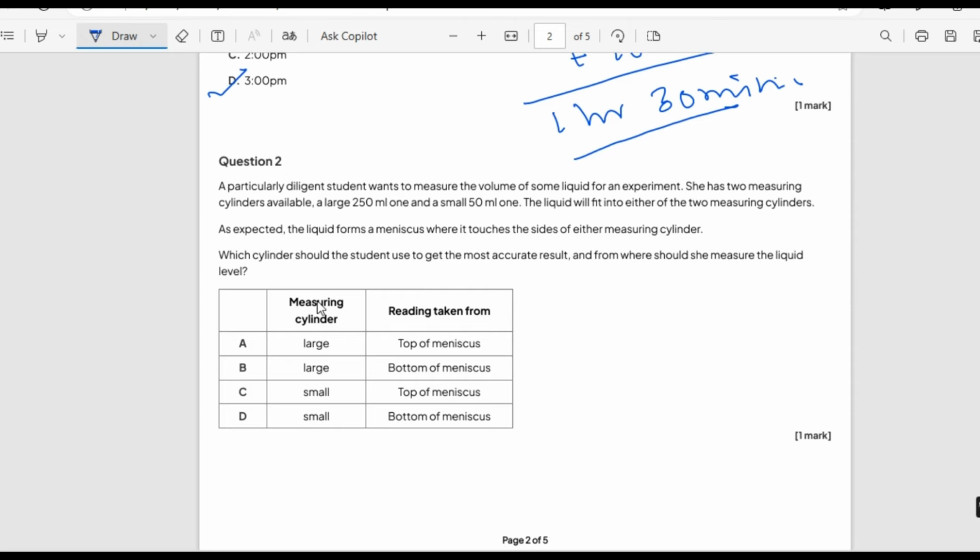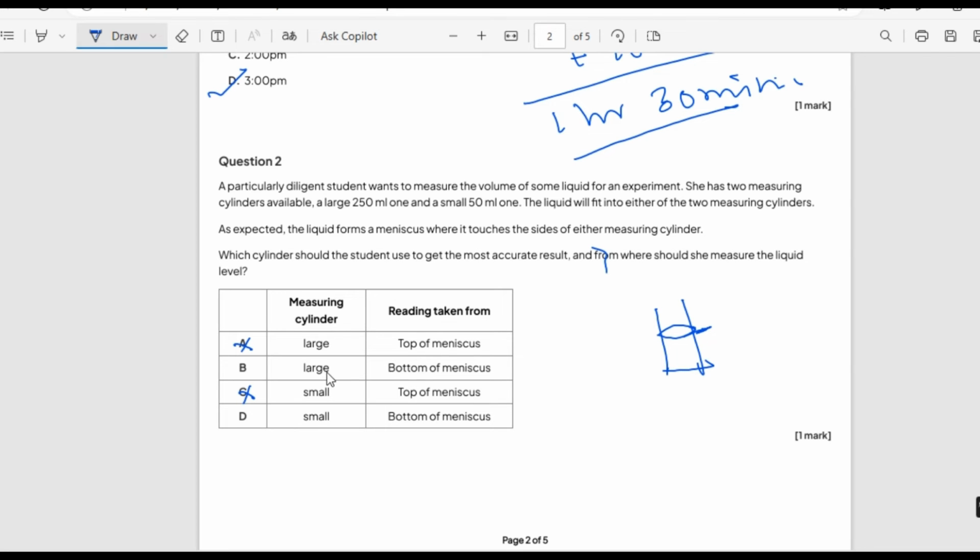level? Now, this question we have already discussed: whenever we take a reading of a liquid in a measuring cylinder, we always take the reading from the lower meniscus, right? So the top meniscus options are ruled out. The correct way of taking the reading means it can be B or D. Now B says the measuring cylinder is large.